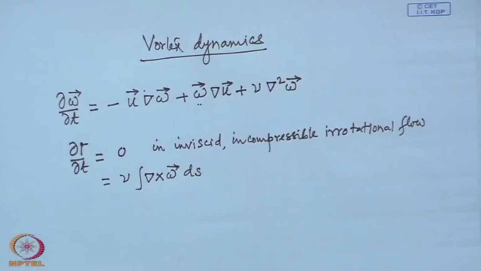Once again it shows that in a viscous flow the circulation around a material closed curve can be changed due to the diffusive action of viscosity.